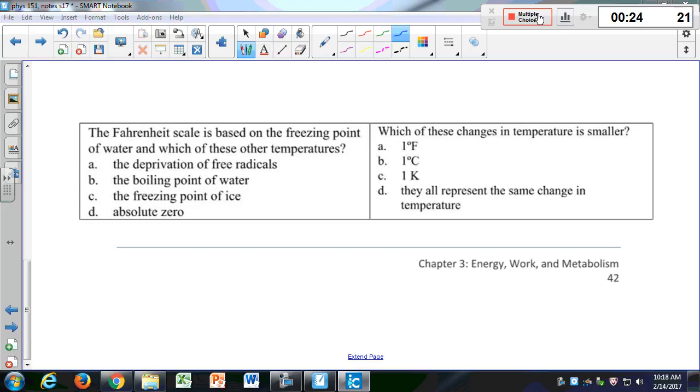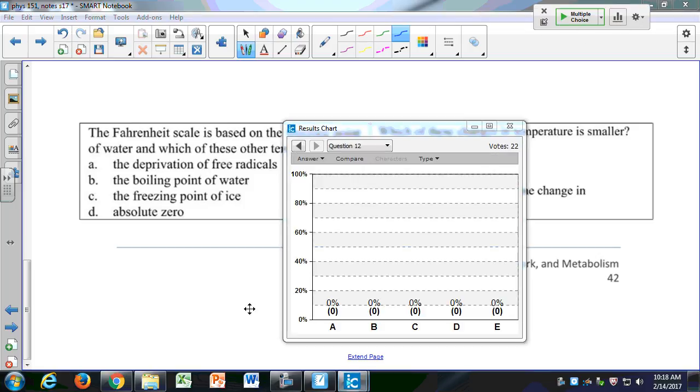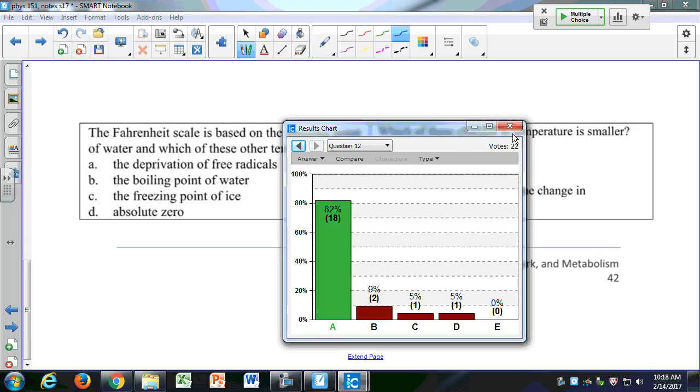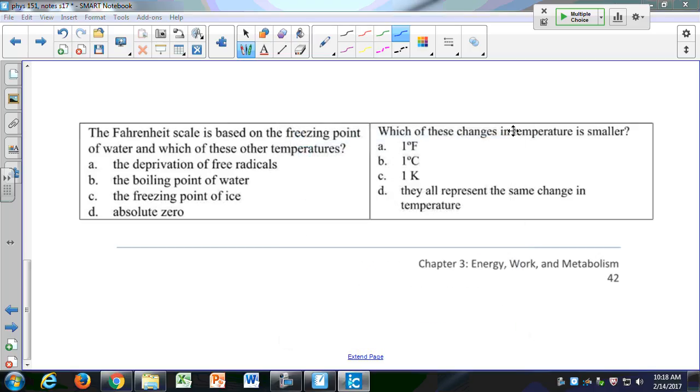All right, I'm going to stop in a few seconds, 28, 29. Okay, good. That's right, Fahrenheit, because between the boiling point and freezing point, I got 180 degrees. And so that's a much smaller change in temperature.